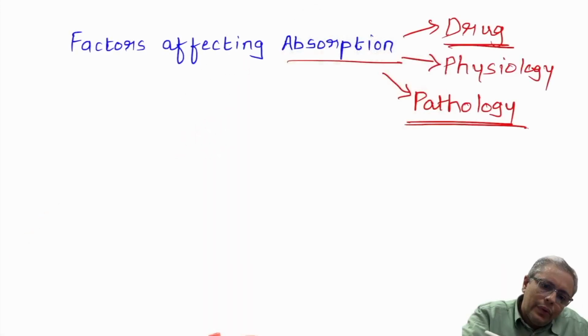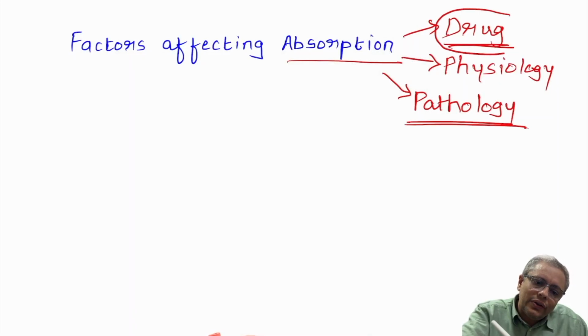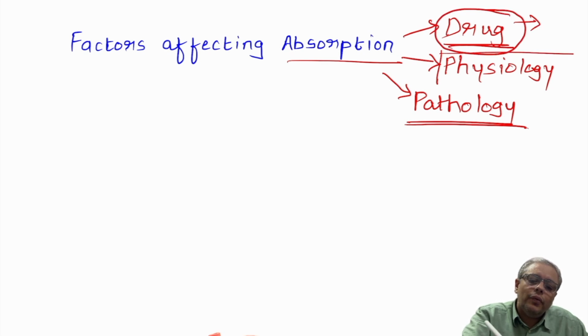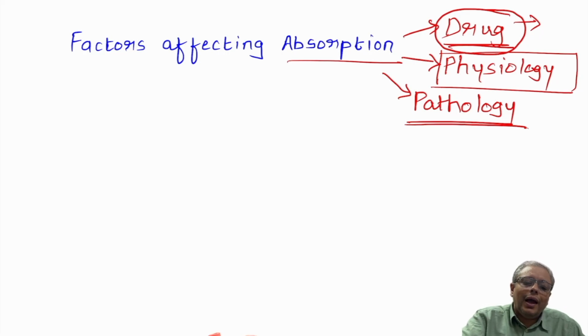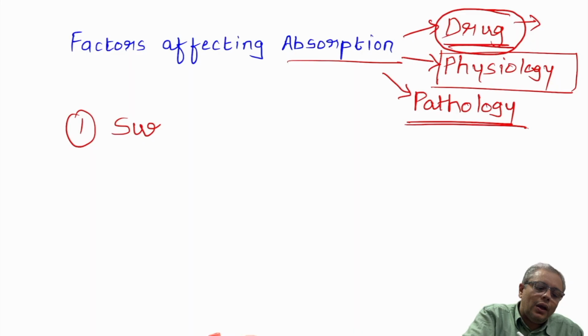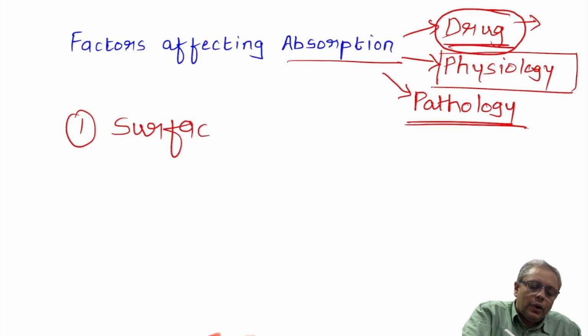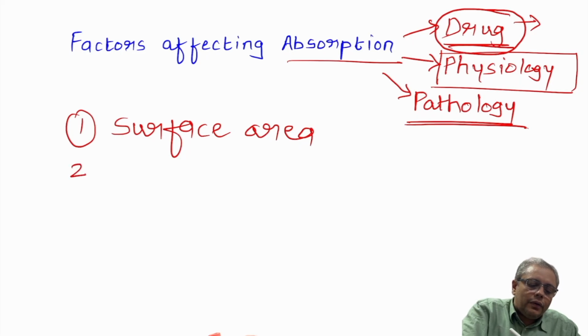But today we are not going to discuss the factors related to the drug. We will start discussing the physiological factors, and in this we are going to discuss two factors. One is the surface area, and the second is the ionization status of the drug.